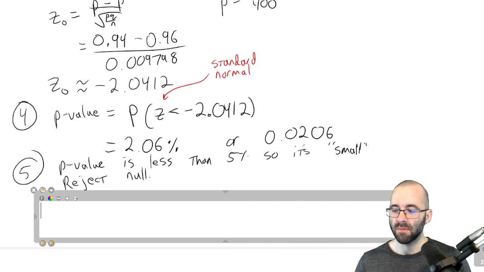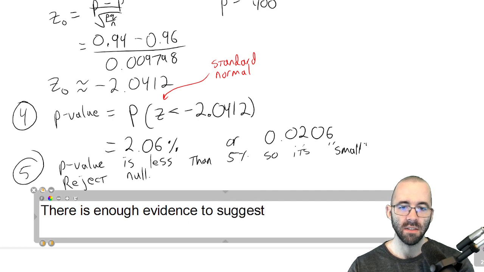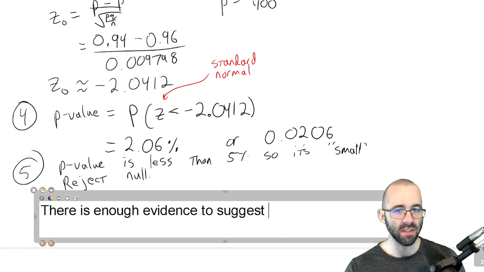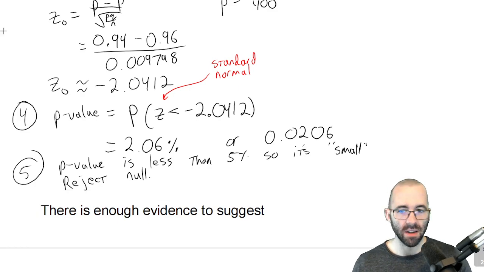Well, let's look at this. There is enough evidence to suggest the null hypothesis is not true. How do we write that the null hypothesis is not true? What does the null hypothesis have to do? Well, let's go back to the original problem.